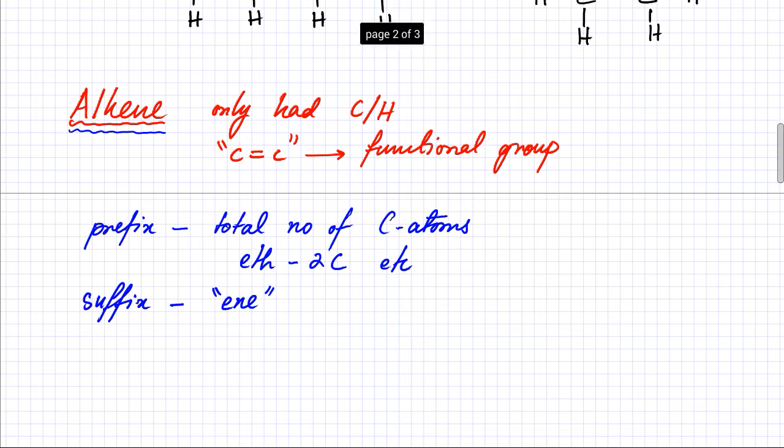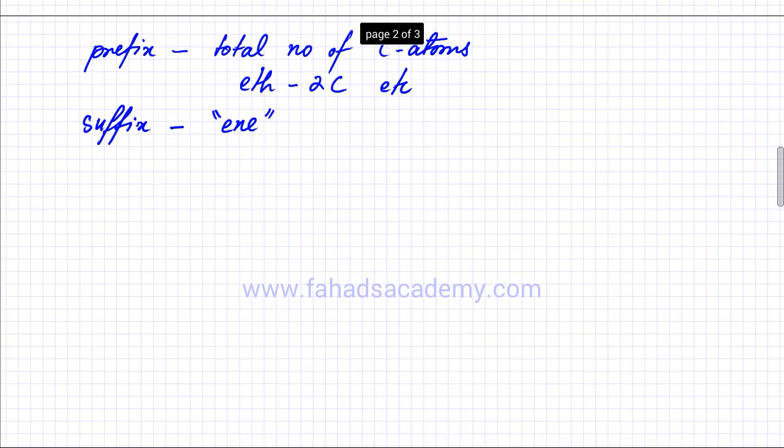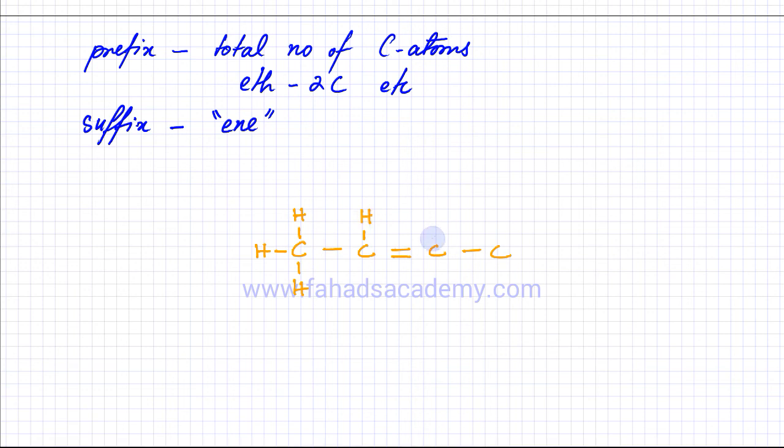Let's do one example. Let's say I have a molecule which has four carbon atoms. Since I'm doing this for alkenes, there must be a carbon double bond carbon present. So let's draw a carbon double bond carbon at any point and complete the bonds by putting hydrogen. This one needs 4 bonds, so there would be 4 hydrogen atoms attached. This one needs just 1 bond. This also needs just 1 bond.